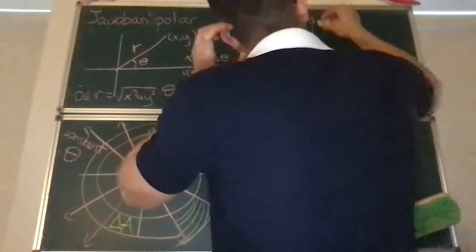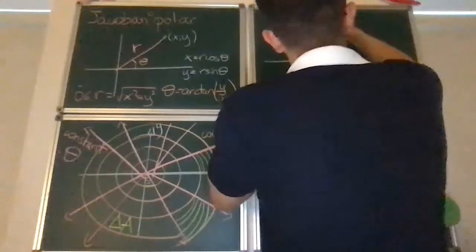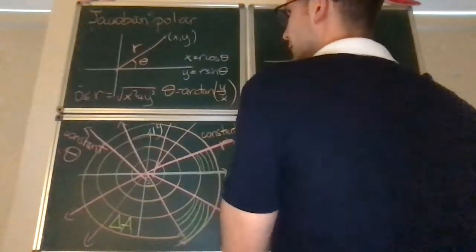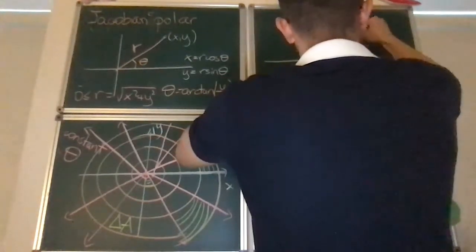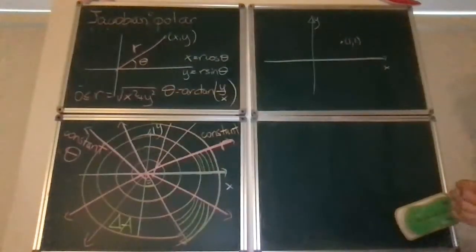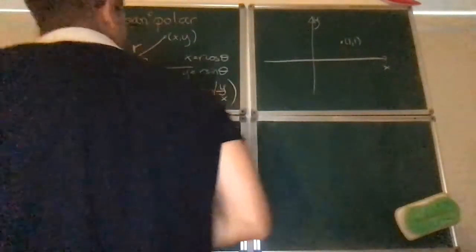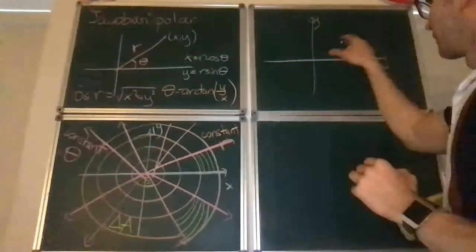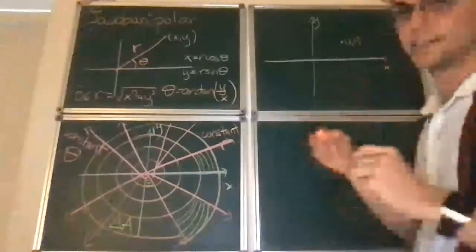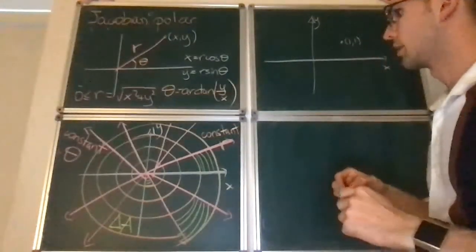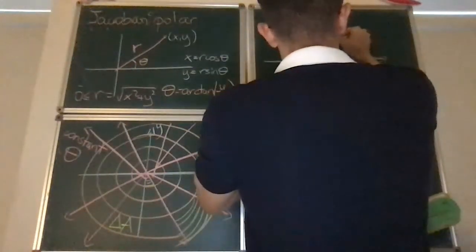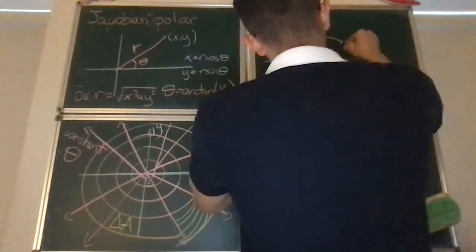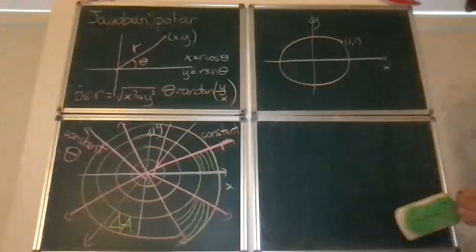So just to illustrate what I'm trying to do, let me choose a very specific point, which is say 1, 1. Right, the distance from the origin of 1, 1 is square root of 2. So the circle that passes through this point would be a circle of radius square root of 2.